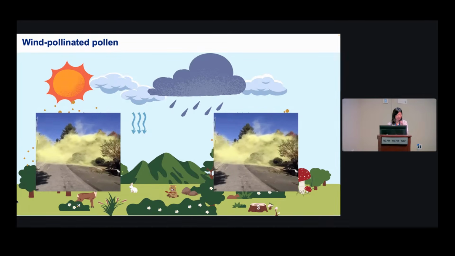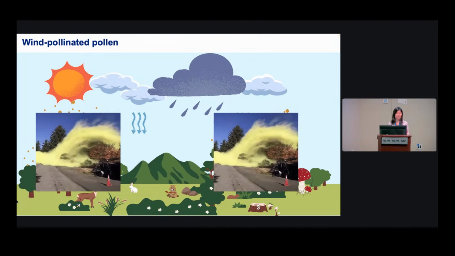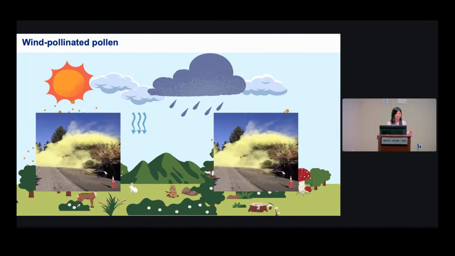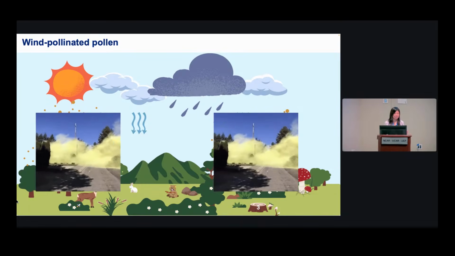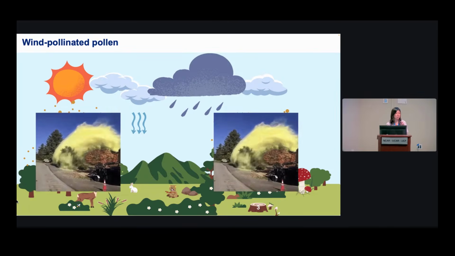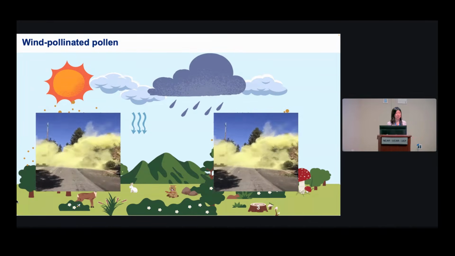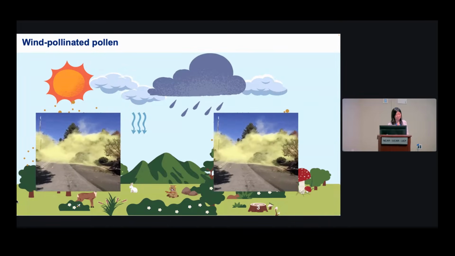This type of species relies on wind to carry their pollen long enough to reach another plant to finalize the fertilization. Because of that, they can produce tons of pollen every year, as shown in this video, and that pollen can stay in the atmosphere for a long time.